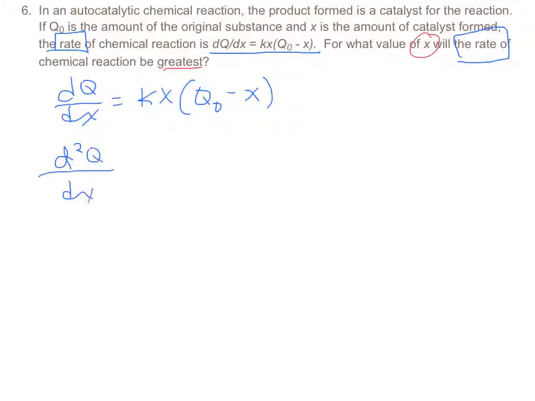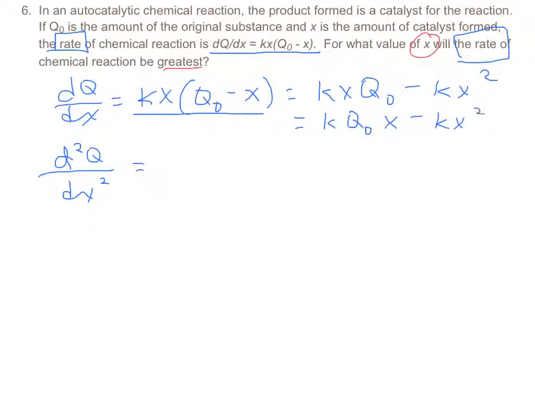So we'll write that using our second derivative notation. Now you can use the product rule here, but I actually chose to go ahead and distribute just to make life a little easier. And this would be kQ sub 0 x minus kx squared. Since we're treating Q sub 0 as a constant, you could even write it in this order just to remind you that those are constants.